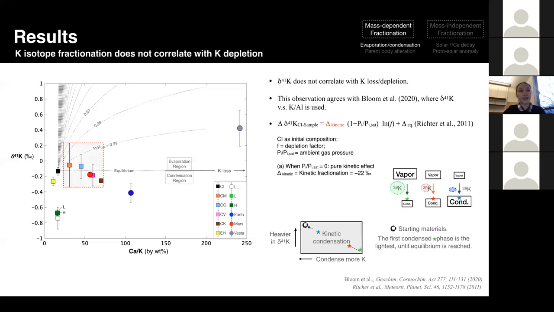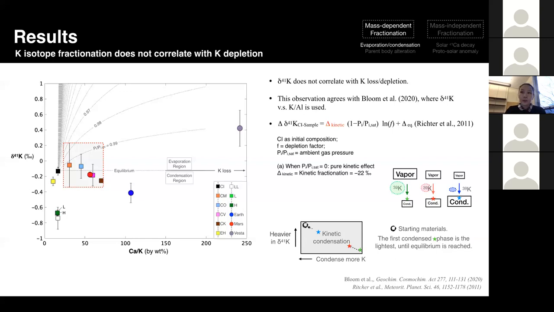On the other hand, for kinetic or non-equilibrium condensation, the condensate phase is expected to be lighter. This is because the lighter isotopes have higher velocities that allow them to react more efficiently with the particle, then allowing condensation to happen. So the first condensed phase, or the material, will be the lightest in isotope. I have a green star showing that in the little gray box on your bottom right.